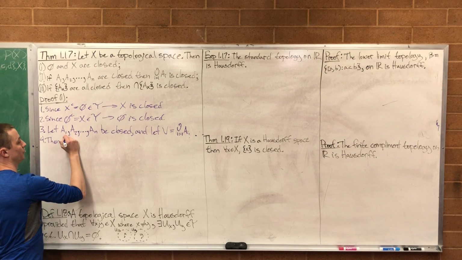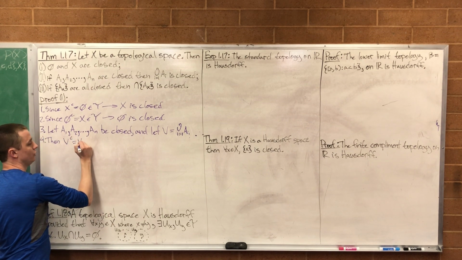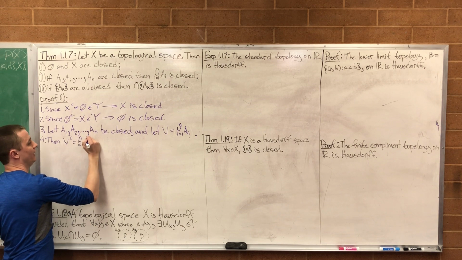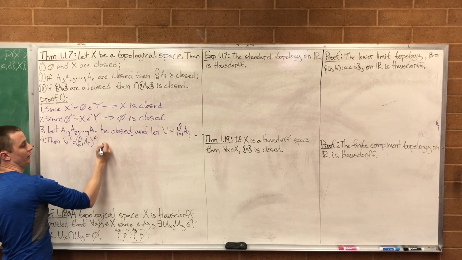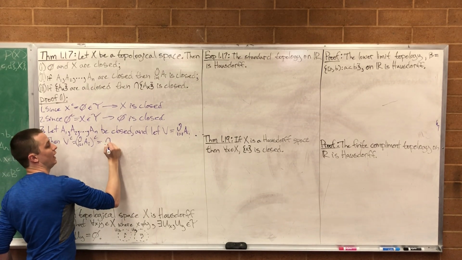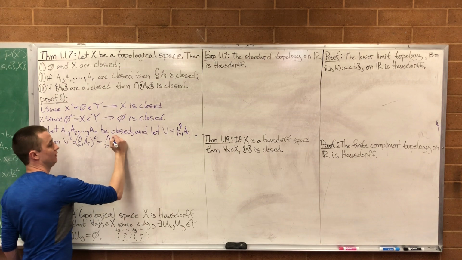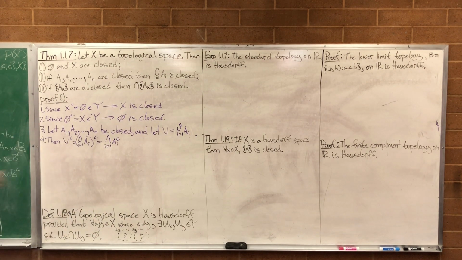So then V complement, which is equal to the complement of the union from i equals 1 to n of A sub i, which is equal to the intersection from i equals 1 to n of A sub i complement. It brings the complement inside the parentheses and applies it to each of the sets.